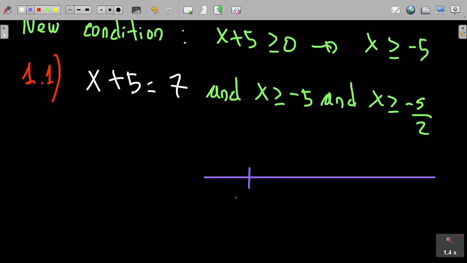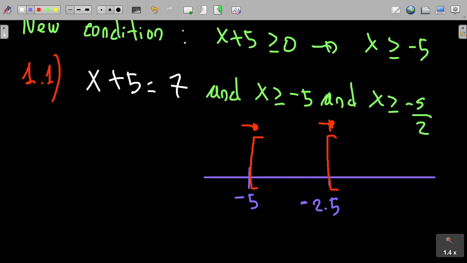We have here the negative 5, and negative 5 over 2 is negative 2.5. Now I need numbers that are bigger or equal than negative 5, so they are all the numbers to the right of negative 5, and these also must be the numbers to the right of negative 2.5.